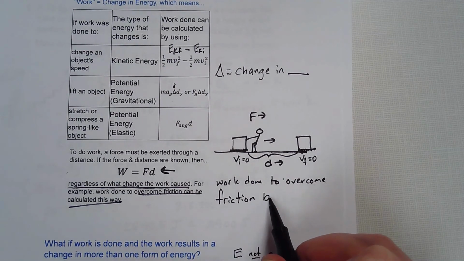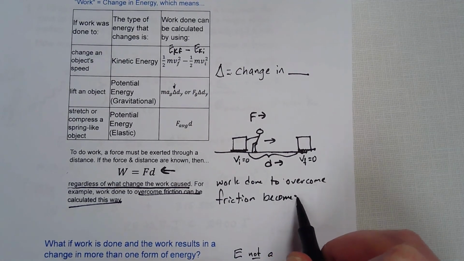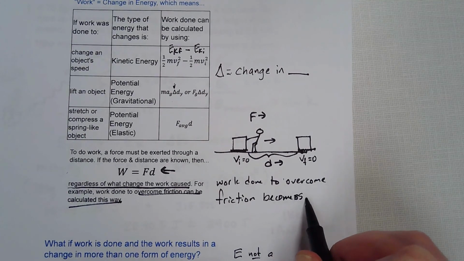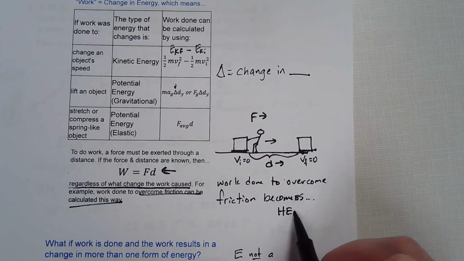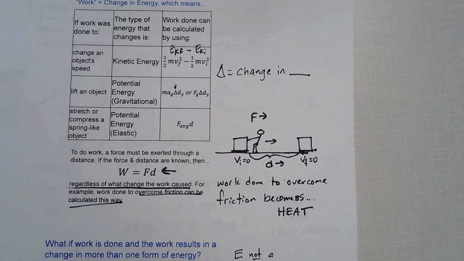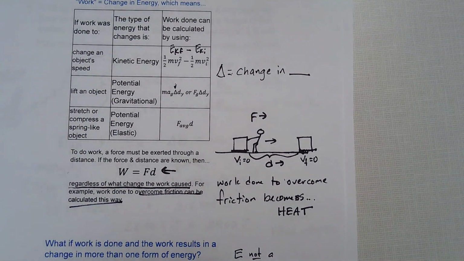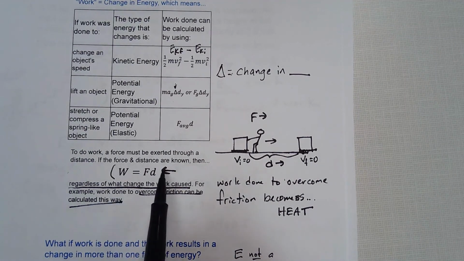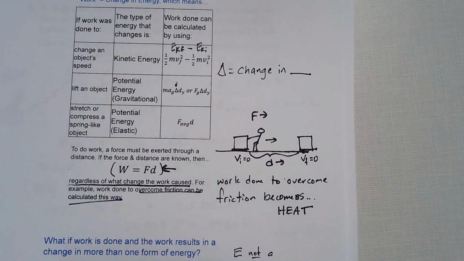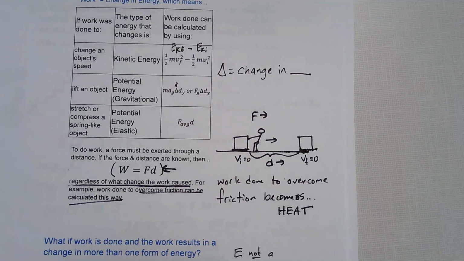That work becomes thermal energy, better known as heat. So we might warm up the bottom of the box a little bit. Now, measuring the heat or calculating the heat is nearly impossible. So that's one reason why work, force times distance, is a very useful way of calculating the work done to overcome friction.